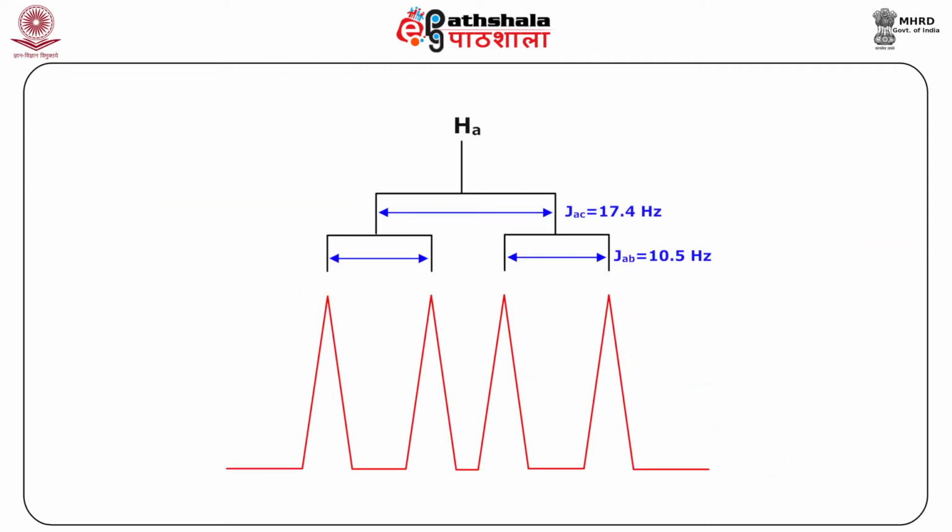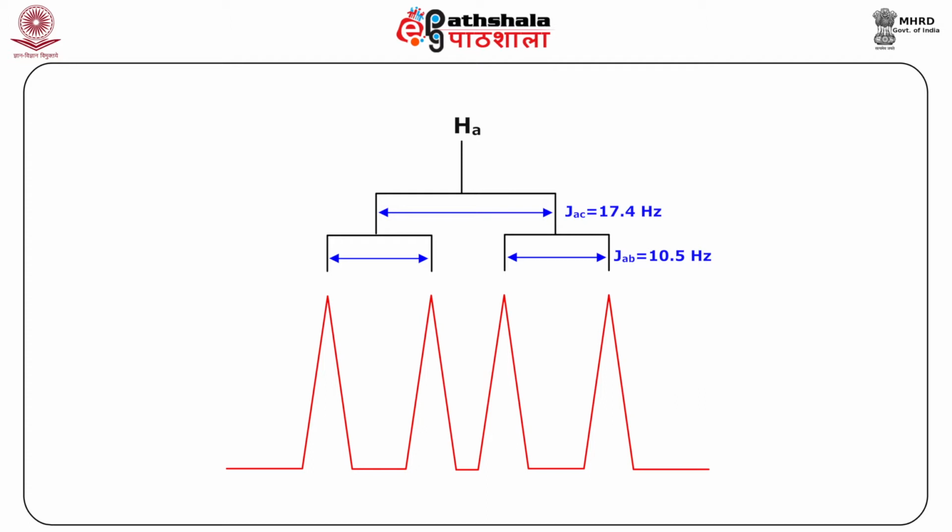Now I want you to note something here students. The signal shown above looks like a quartet, but it is not a quartet, because in a quartet the line intensities are 1:3:3:1, and the individual peaks are equally spaced.